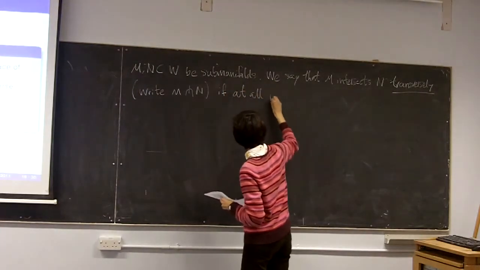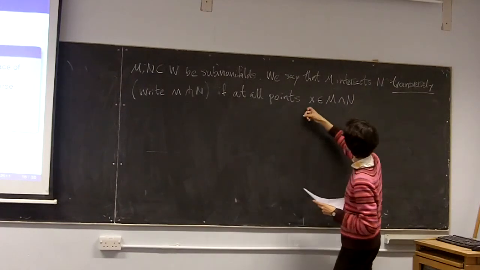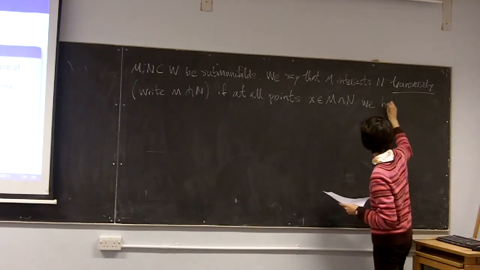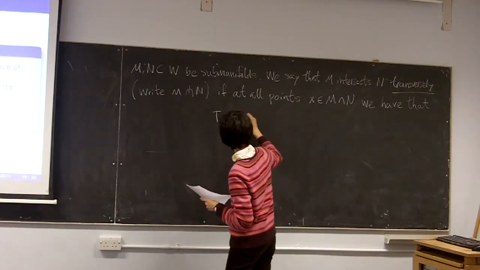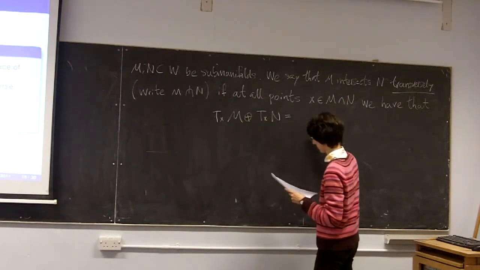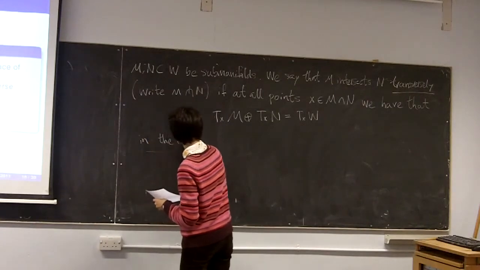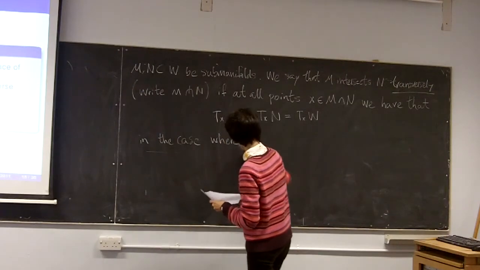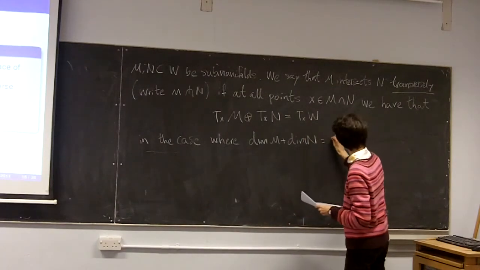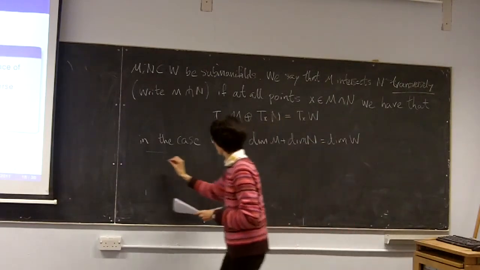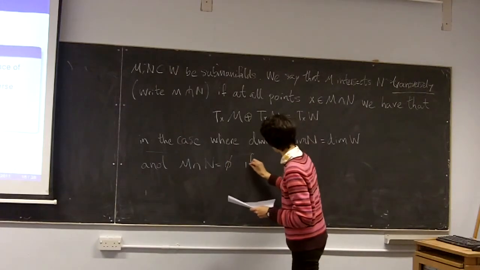We write it if at all points X in the intersection of these two manifolds, we have that the tangent spaces span the tangent space of W, or the intersection is empty.